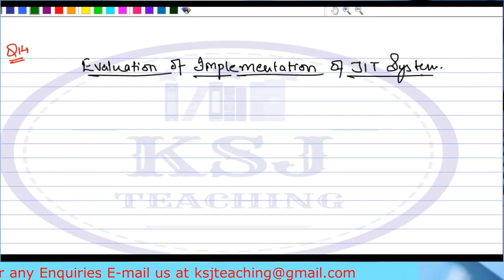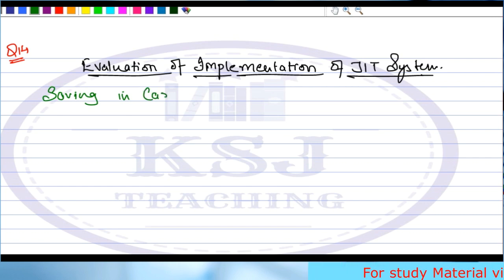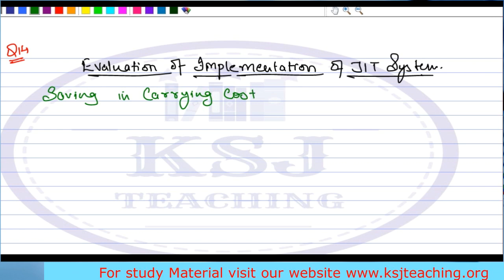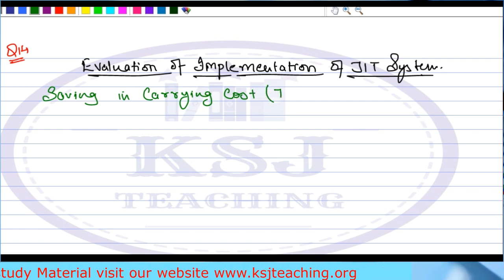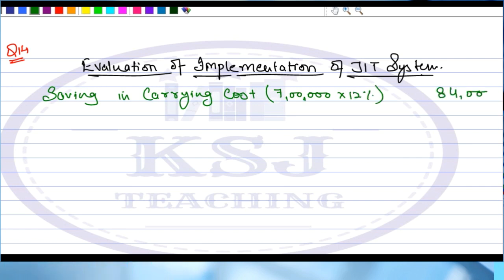So the first saving that we can take is saving in carrying cost. That will be 7 lakh multiplied by 12%, which comes to 84,000. What will be the next saving?